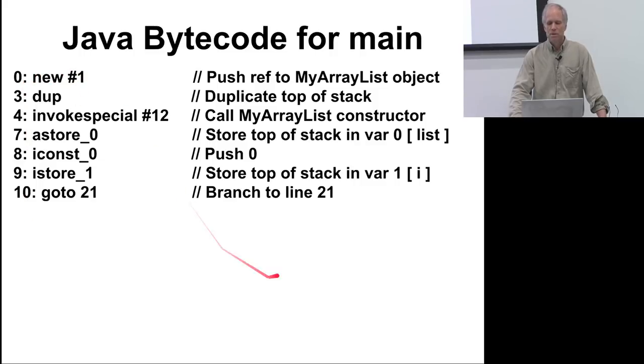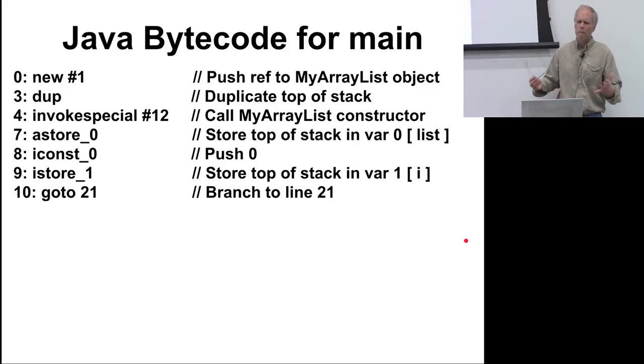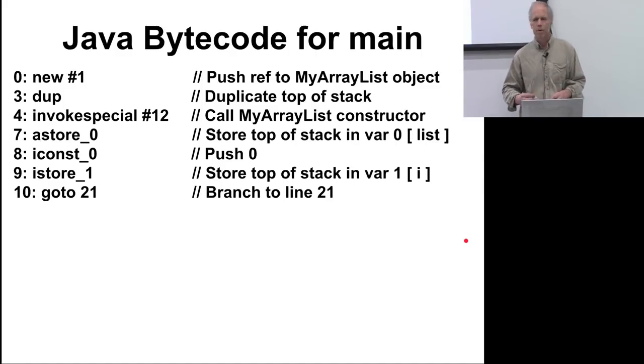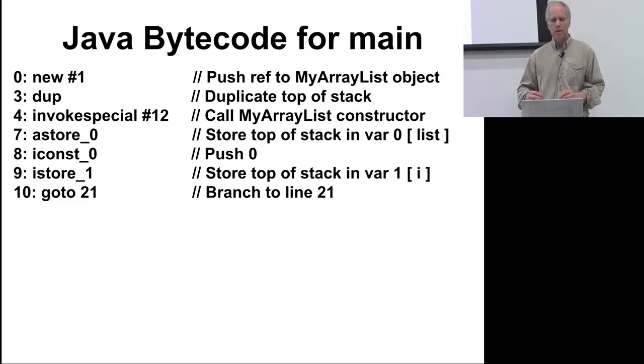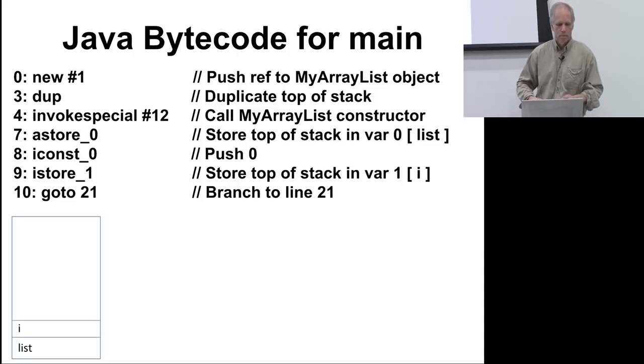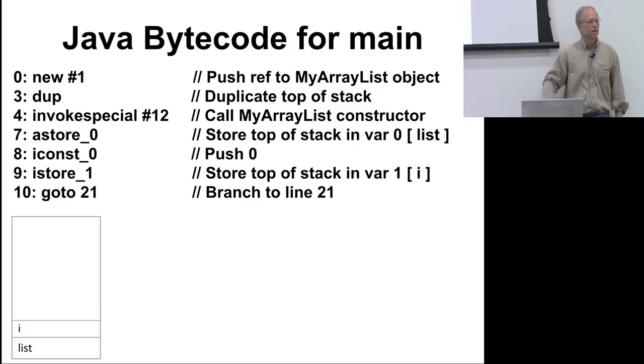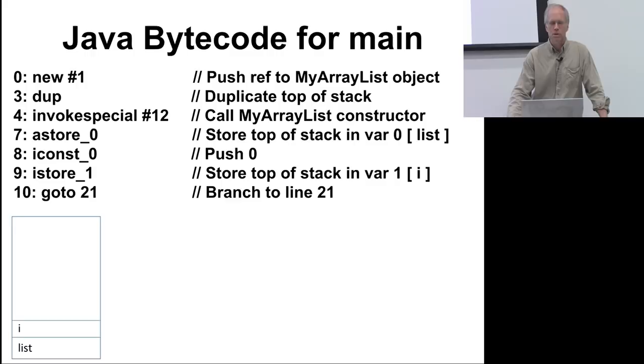So let's just talk about what happens. The main method has been called. And the first thing that has to happen is a place on the stack must be created where the local variables can be stored. Remember the main method had a variable list which contains a reference to a myArrayList object, and it contains an index I that it uses in the loop.